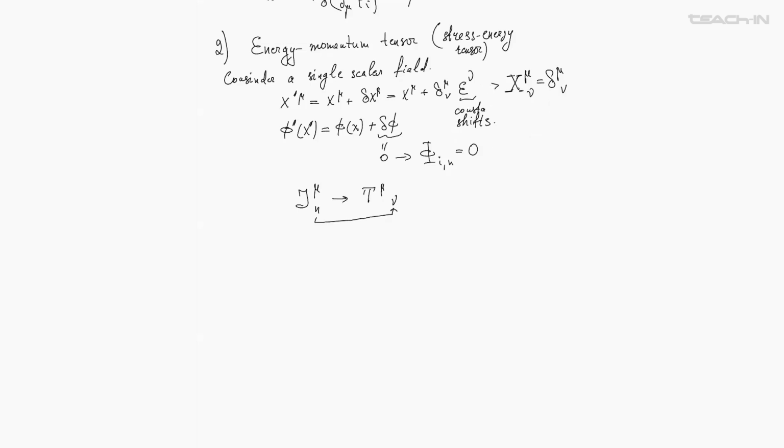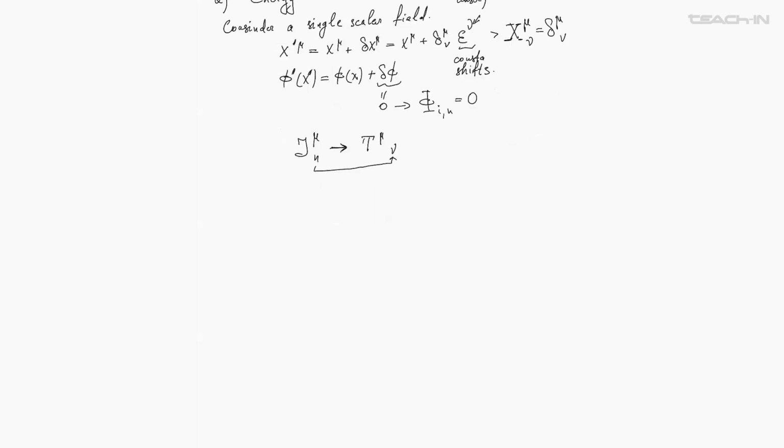So with this special notation T^μ_ν for this conserved current, you obtain the following expression for the stress energy tensor. T^μ_ν is equal to the derivative of the Lagrangian, again, with respect to the derivative of this scalar field, ∂_ν φ, minus δ^μ_ν multiplied by the Lagrangian density.